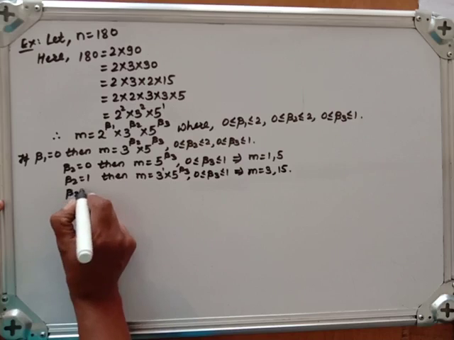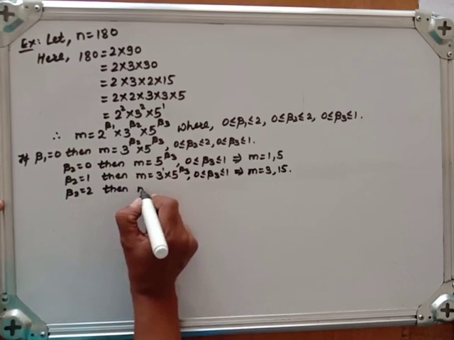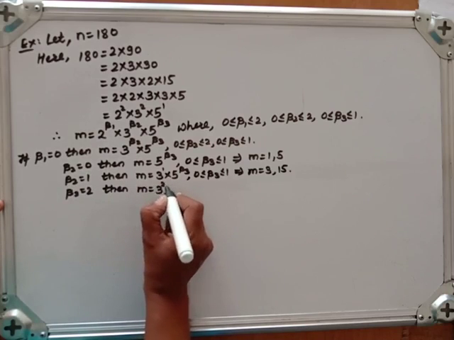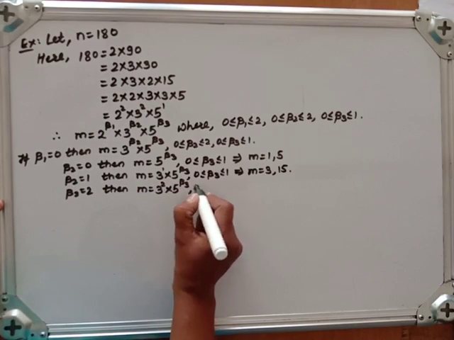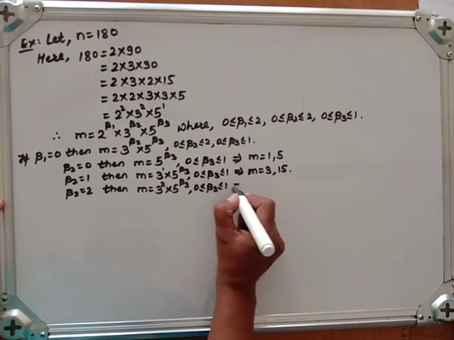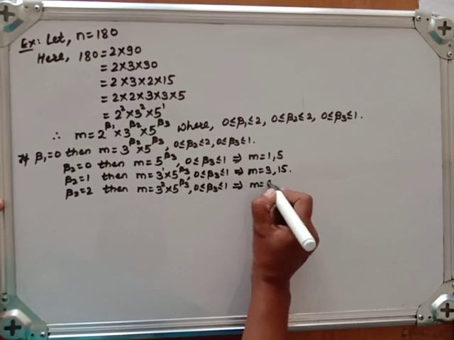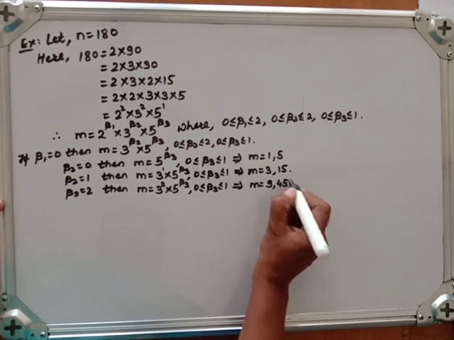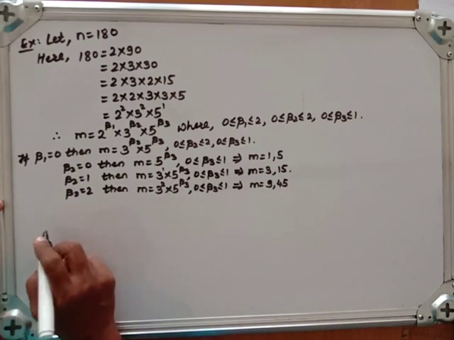Now beta 2 is equal to 2. Then m equals 3 square into 5 raised to beta 3, so m equals 9 and 45. Okay, I am putting these values of beta 3.